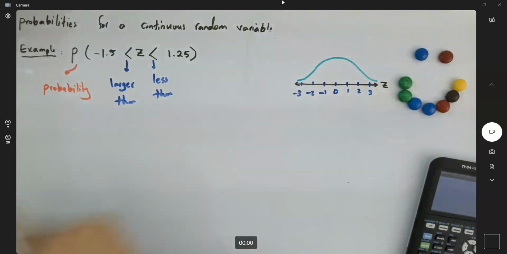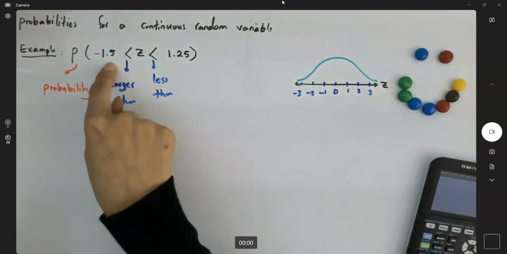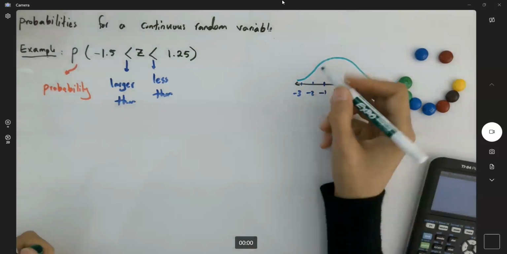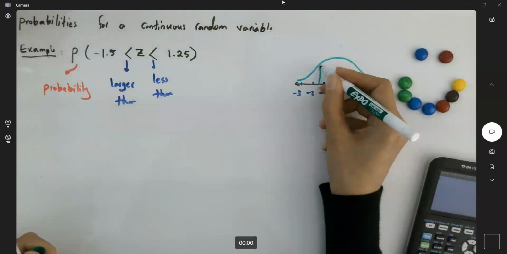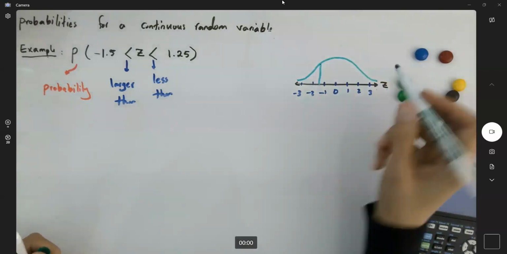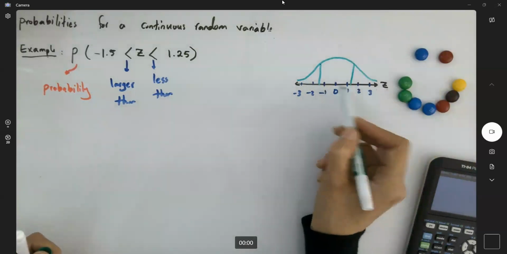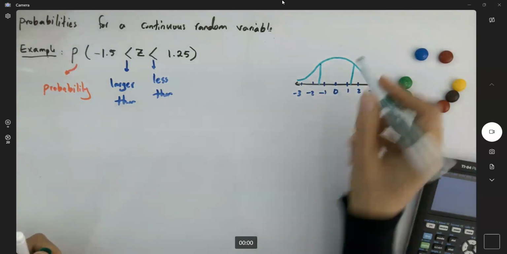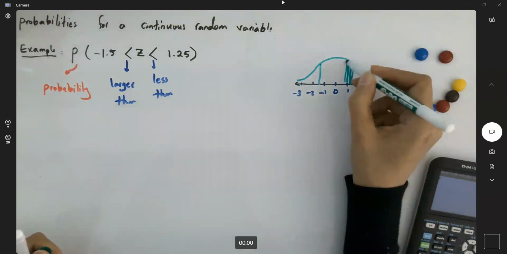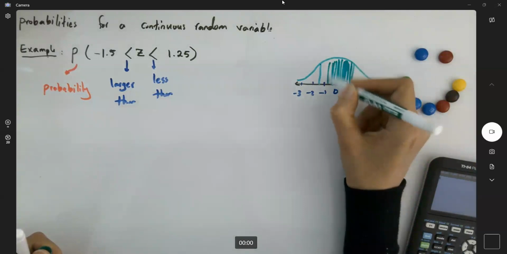And then negative 1.5 is right here, and 1.25 is right here. We want to know if my z ranges between these two numbers, what would be this area? What is this probability?